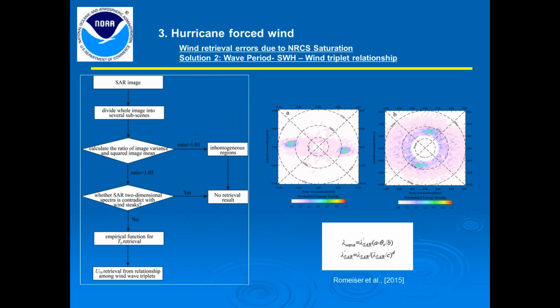And this is a diagram that we can do. On the right-hand side is the research paper by Roland Romeiser down in Miami, who shows that the wave spectrum, wave period, and the ocean surface wind can also follow a particular relationship. Of course, it's an empirical relationship.